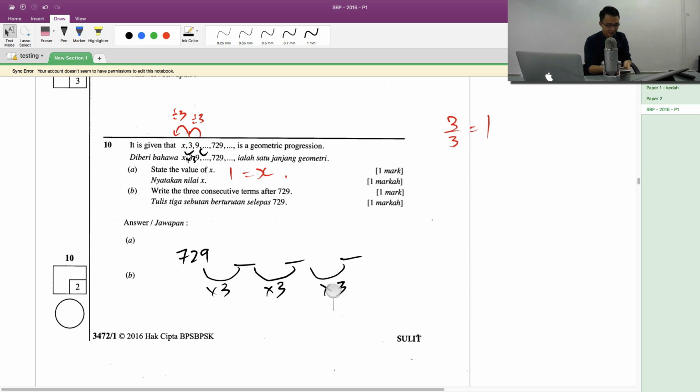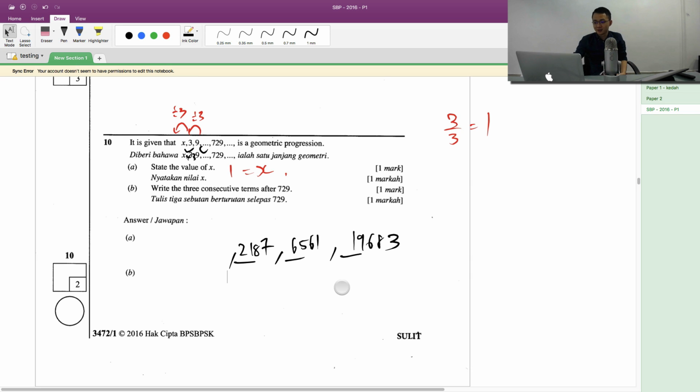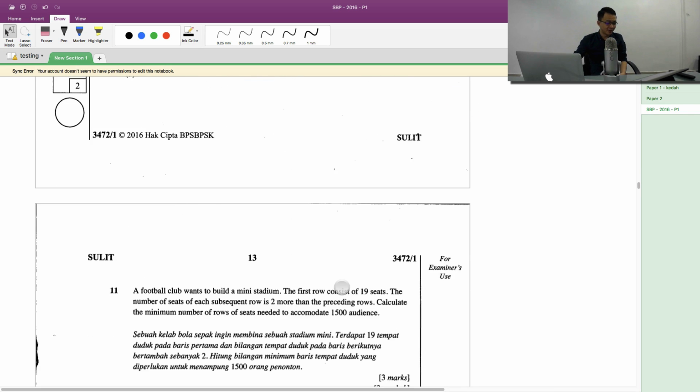So 729 multiply 3, I get 2187. I multiply 3 again, 6561. I multiply 3 again, 19683. Okay, this is how we do the 3 consecutive terms. Of course, you can erase the first term and just write this answer because it's only 1 mark. So no problem, it's very easy.